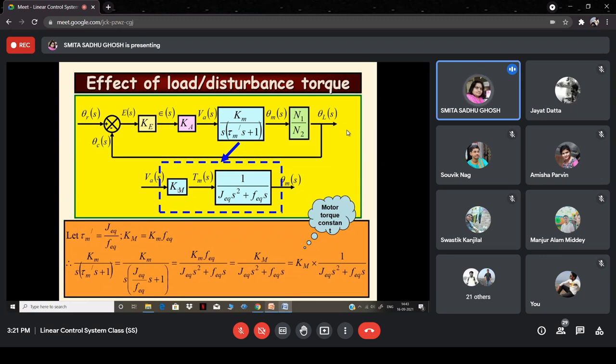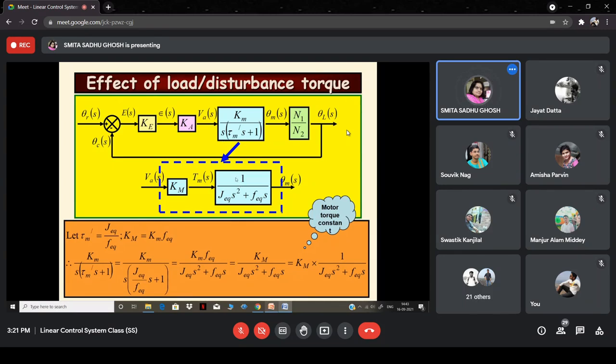One portion is another constant which has been introduced, K suffix capital M, known as the motor torque constant, and it converts the applied armature voltage to the motor torque, that is Tm, and then the rest of the transfer function is broken up.